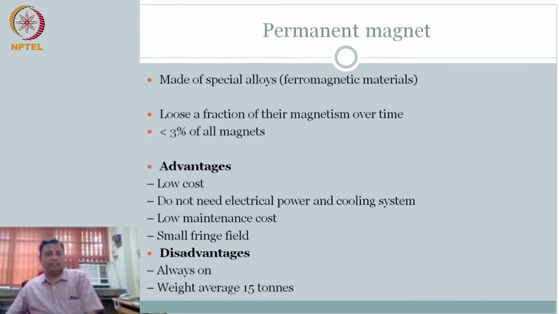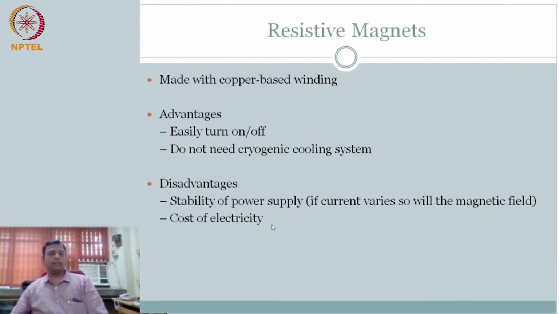And of course, it weighs over 15 tons. That means it's huge. You need a special infrastructure to even house it. Of course, the field strength, as we saw, is also very low. That is another major issue. So what about resistive magnets? Again, resistive magnets are slightly better than your permanent magnets with respect to advantages, in the sense that you can turn it on and off.